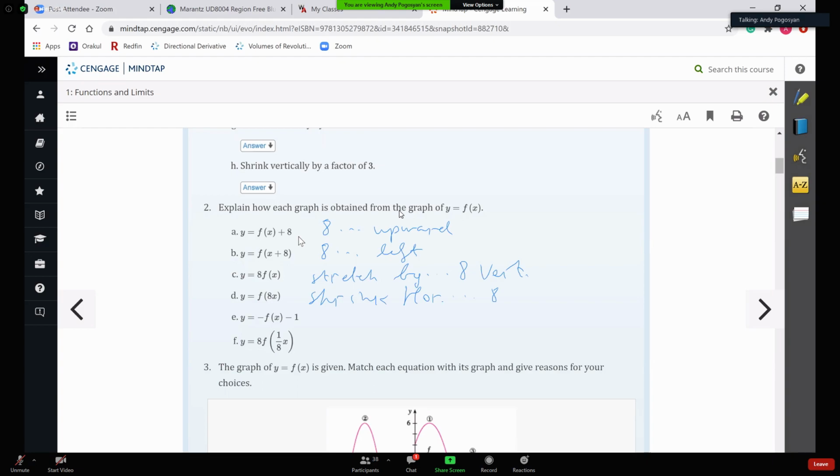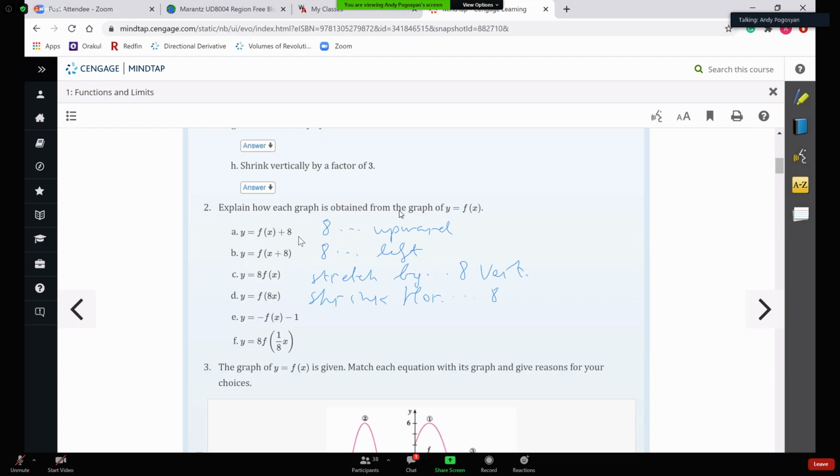And E, y equals negative f of x minus 1. Two operations. It would move down 1 on the y-axis, and I think that's reflect on the x. Correct, but you need to go right over there. Remember, there is no special order of doing transformations, but vertical transformations do at the end.